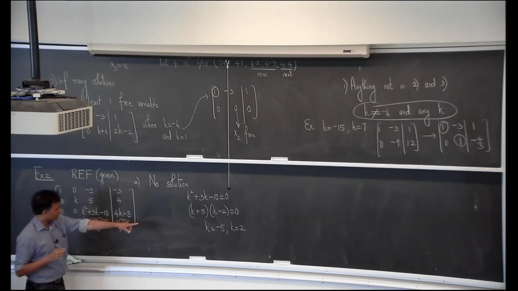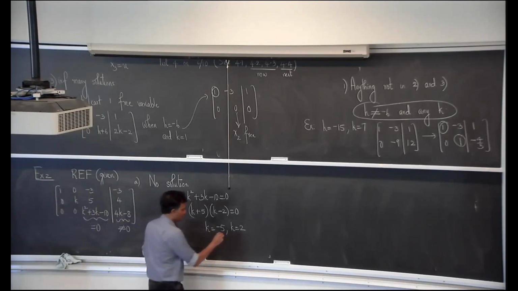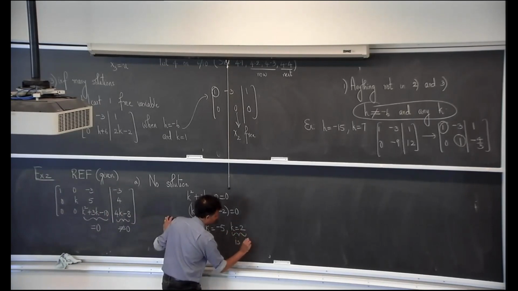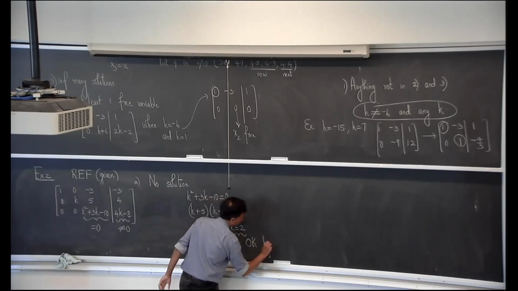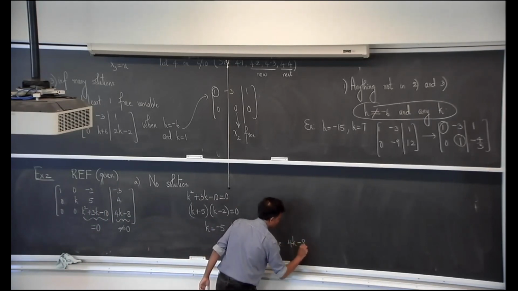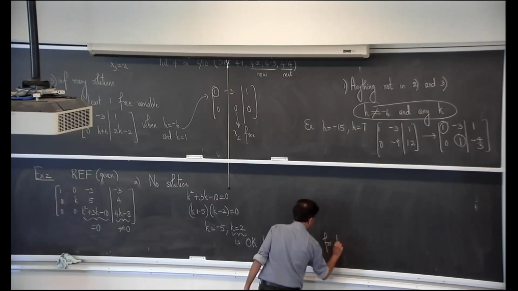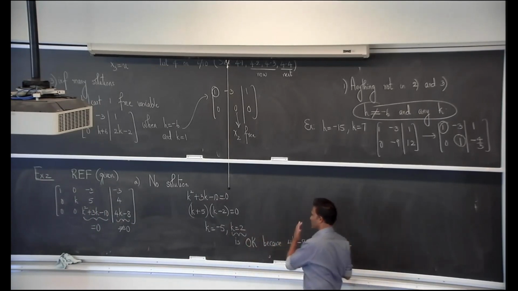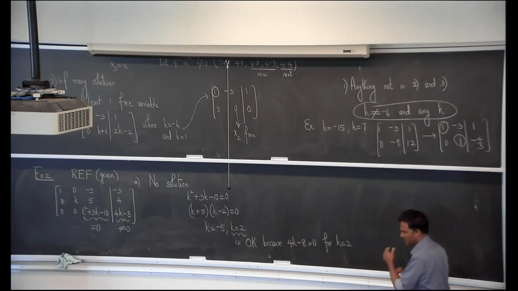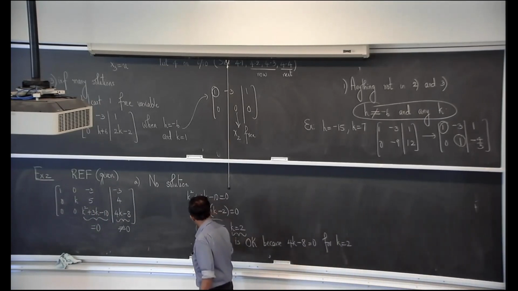Yes, so if K equal to 2, 4K minus 8 is 0, okay, that is not a problem. So this is okay. Because 4K minus 8 is equal to 0, and there is absolutely no problem for having 0, 0, 0, 0. That is consistent. So that is not our problem here. Our problem is this one. Okay.